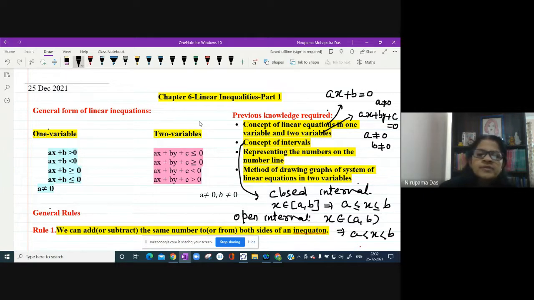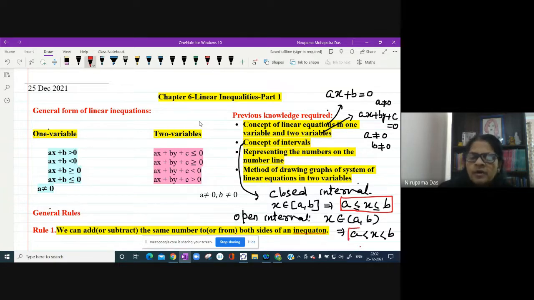So the basic difference between open interval and closed interval is what? Whenever we talk about a closed interval, x lies between a and b, and x may be equal to a and x may be equal to b, which means endpoints are included.